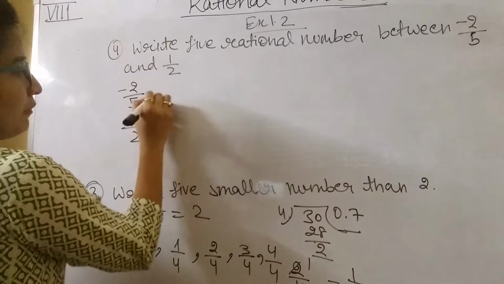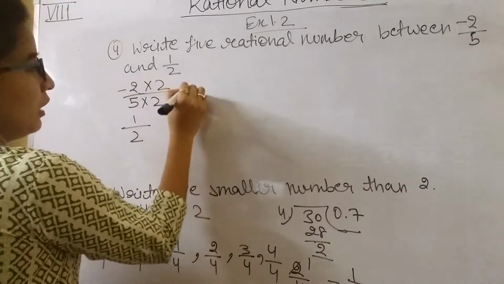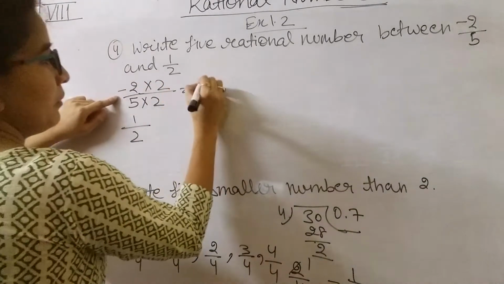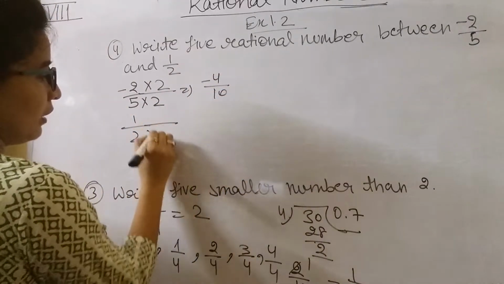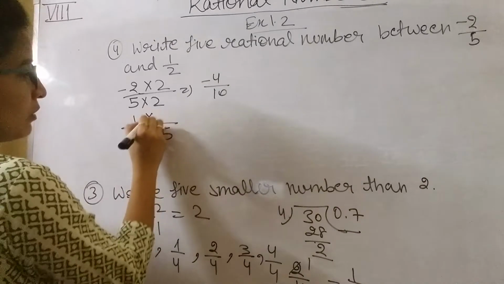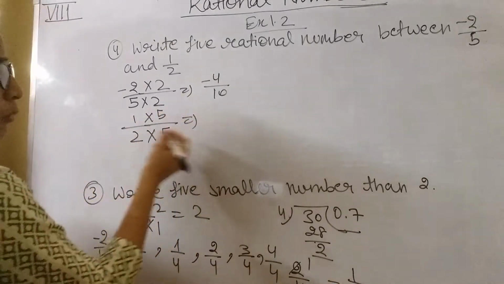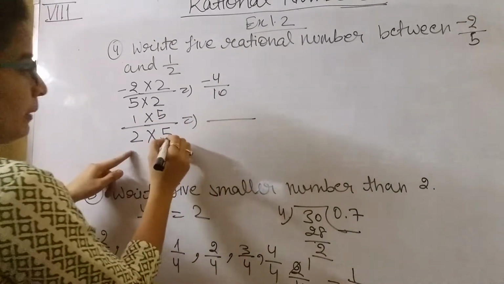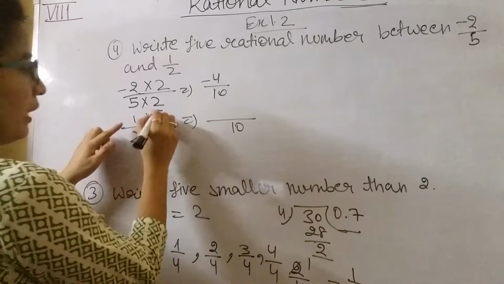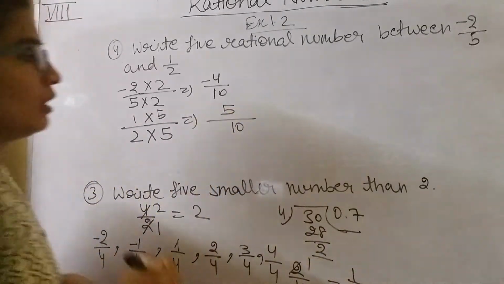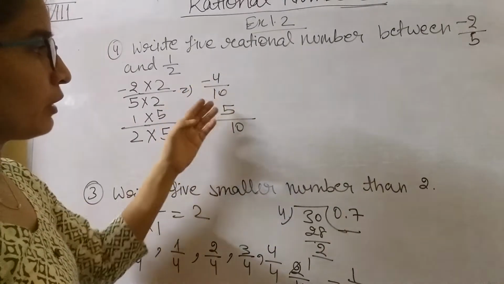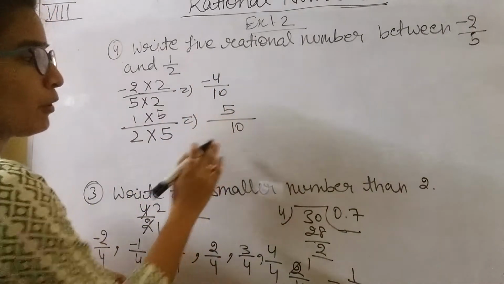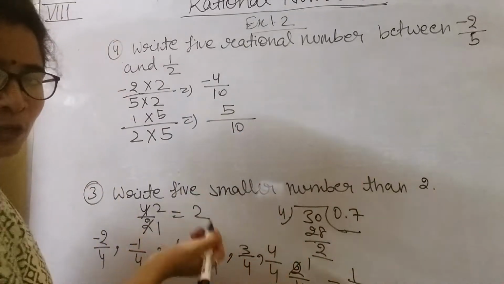So here we will multiply by 2, and the number will be -4 upon 10. And here we will multiply the number by 5, so that we get the denominator as 10. That will be 2 fives are 10 and 5 ones are 5.